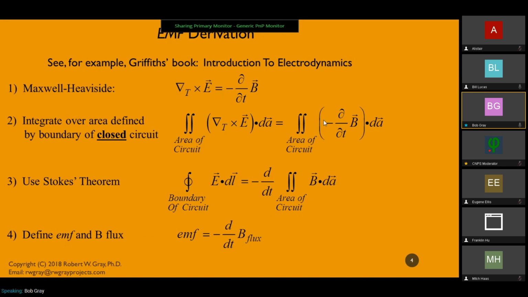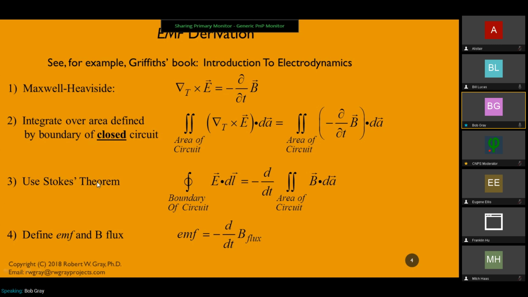So first, here's a very brief derivation, I won't do a lot of math this time, of EMF from Griffith's book. He starts with curl of E equal to minus the partial of B with respect to time. Then he does integration over the area enclosed by the circuit.